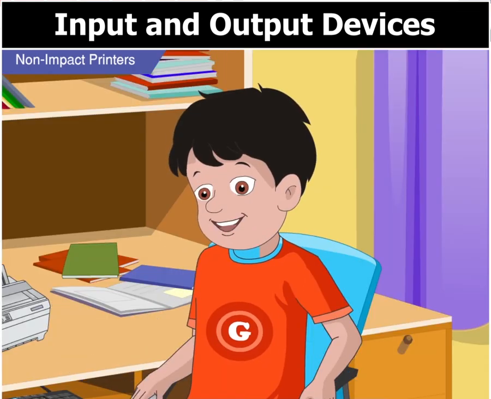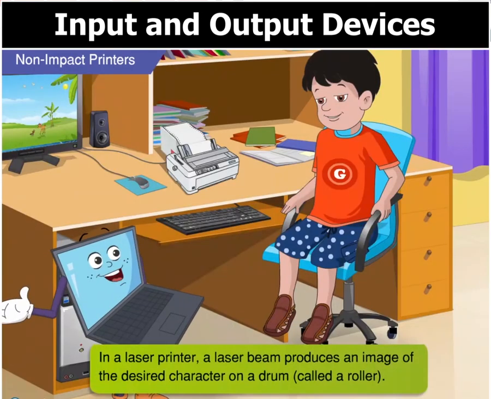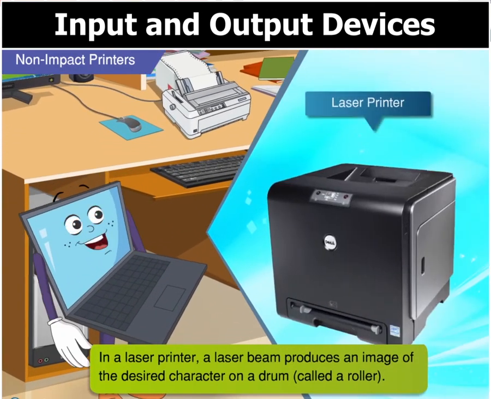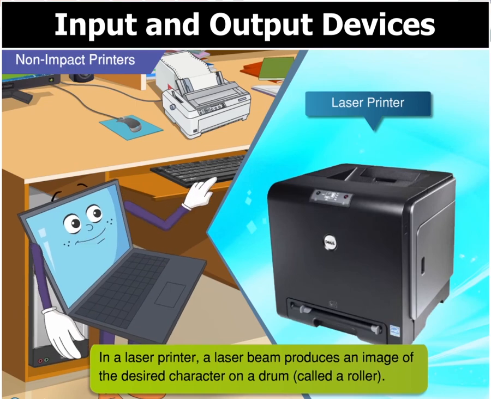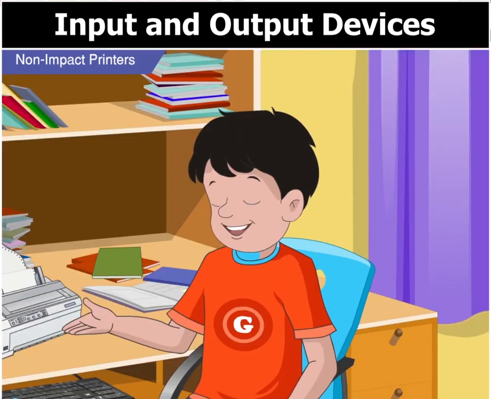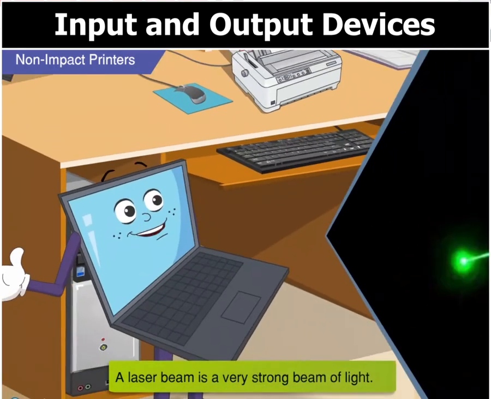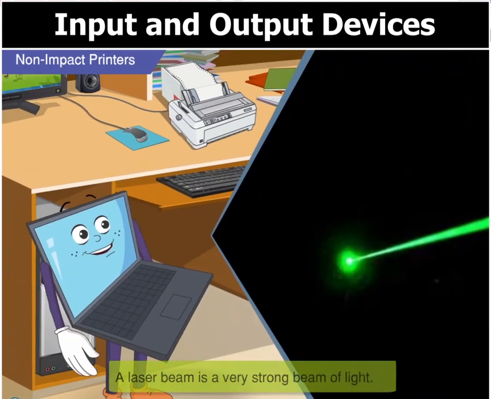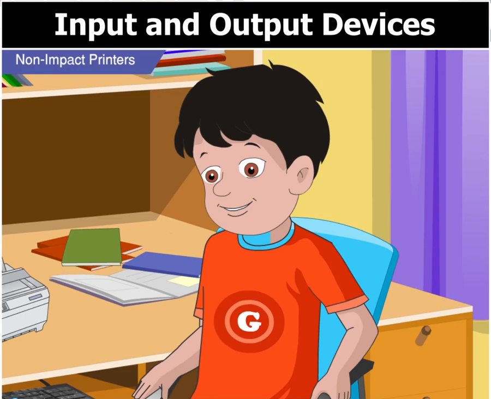Okay, Toggle, you also mentioned laser printers. What are they? In a laser printer, a laser beam produces an image of the desired character on a drum, which is also called a roller. What is a laser beam, Toggle? A laser beam is a very strong beam of light. What happens after the laser beam produces the image on the drum?